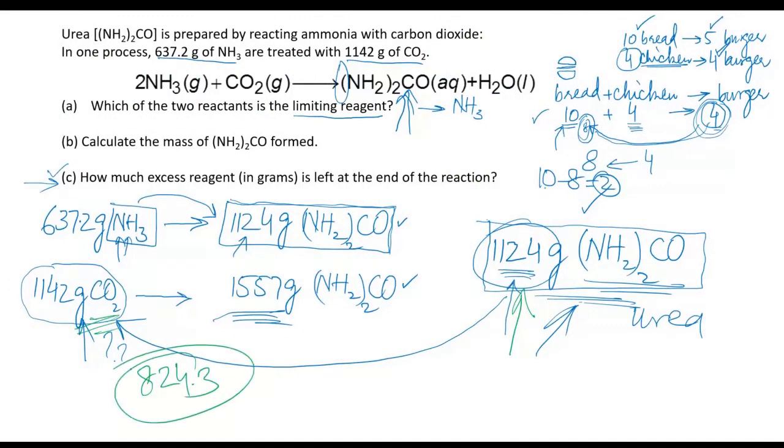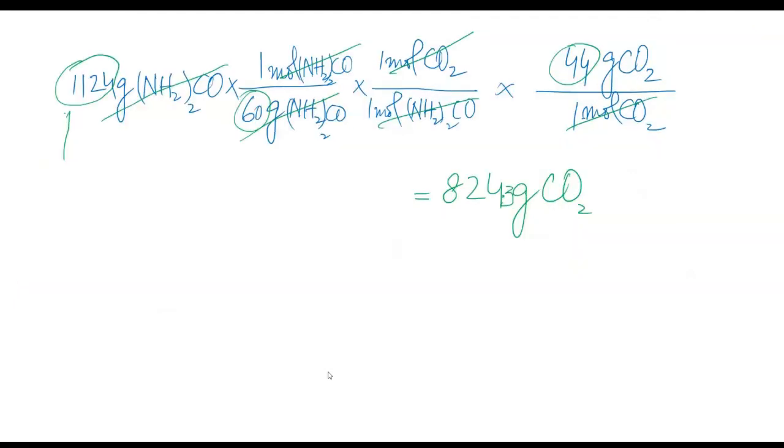It is actually used. It is just like 8. Minus. Now how much is excess? This is the same as 10 minus 8. So it is 1142 gram minus 824.3. What is your answer? It is 317, about 300.